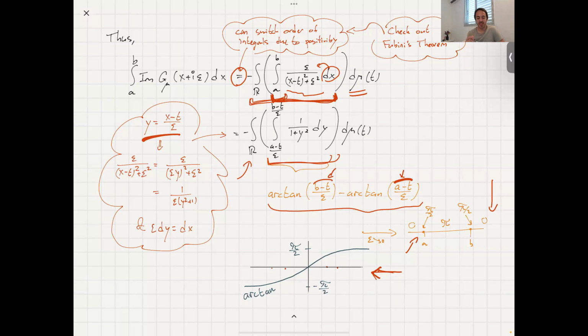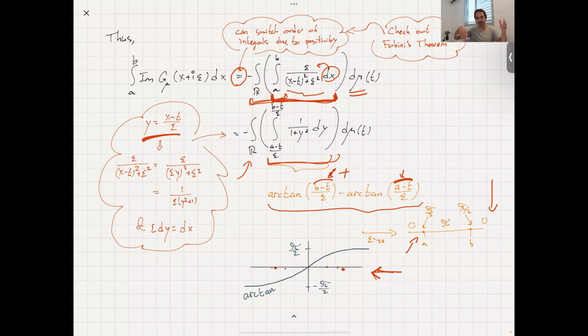What happens when t is a number strictly between a and b? Then b minus t is going to be positive, and a minus t is going to be negative. As you take epsilon to 0, the b minus t term is going to go to pi over 2, and the other one is going to go to minus pi over 2.